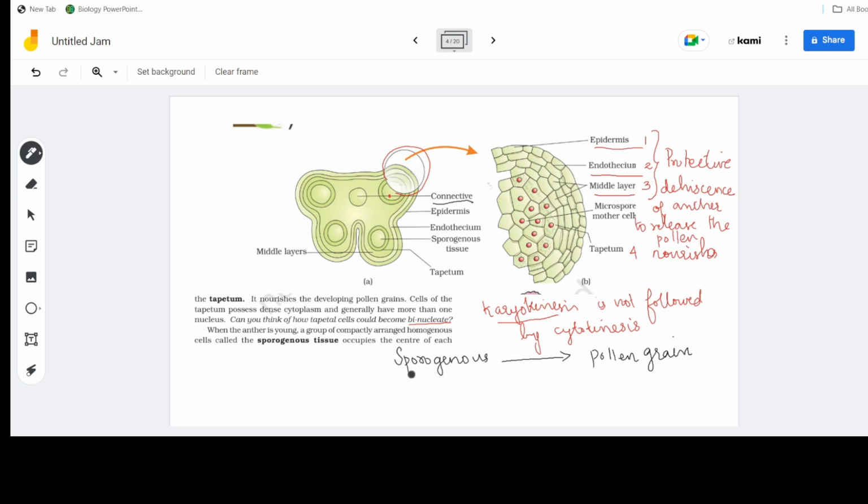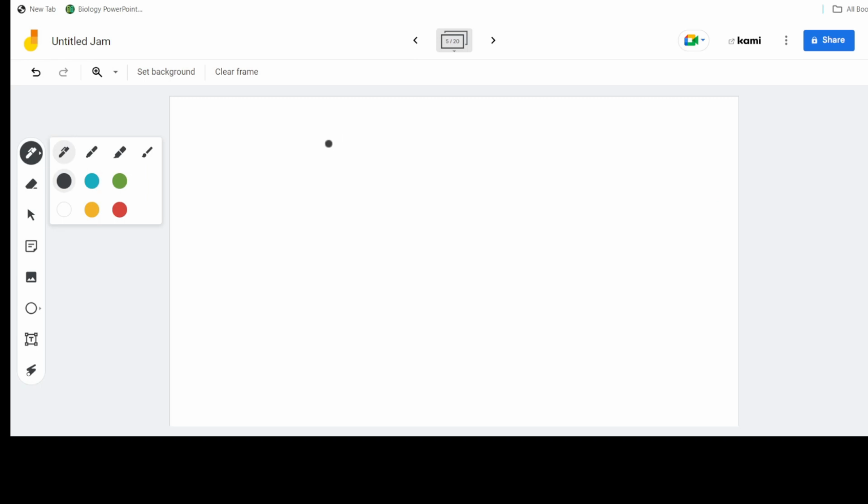Now let us see the development of pollen grains from the sporogenous tissue. The sporogenous tissue is found inner to the wall layers in a microsporangium. The sporogenous tissue is diploid, with 2 sets of chromosomes.